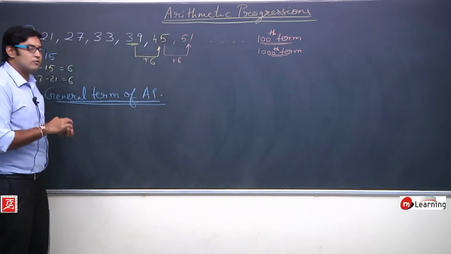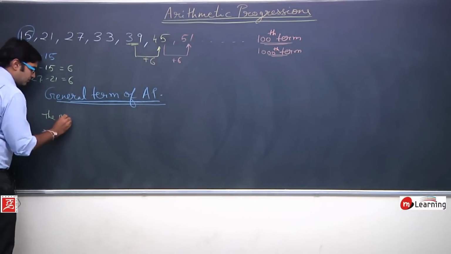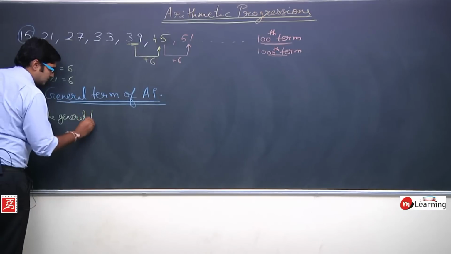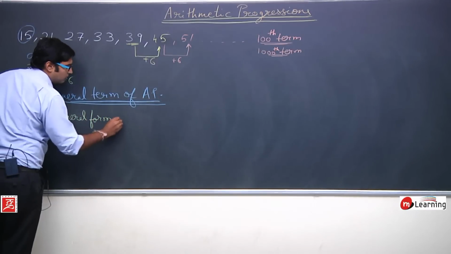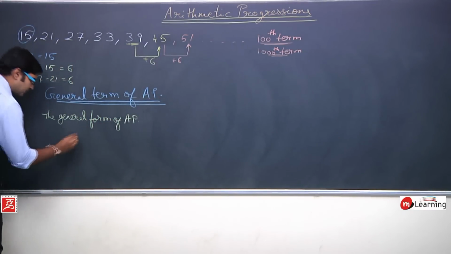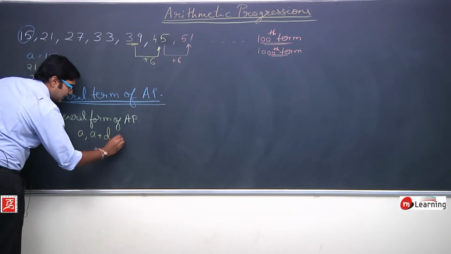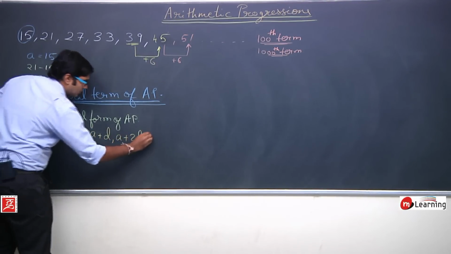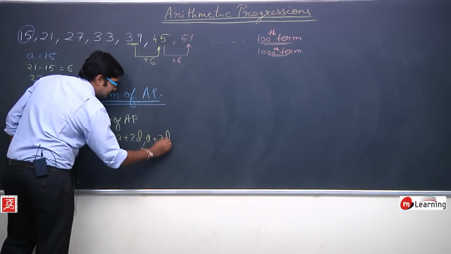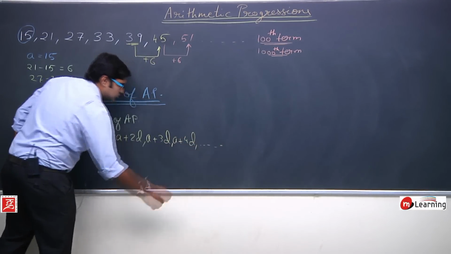What is the general form of an AP? The general form of an AP is a, a plus d, a plus 2d, a plus 3d, a plus 4d, and so on.